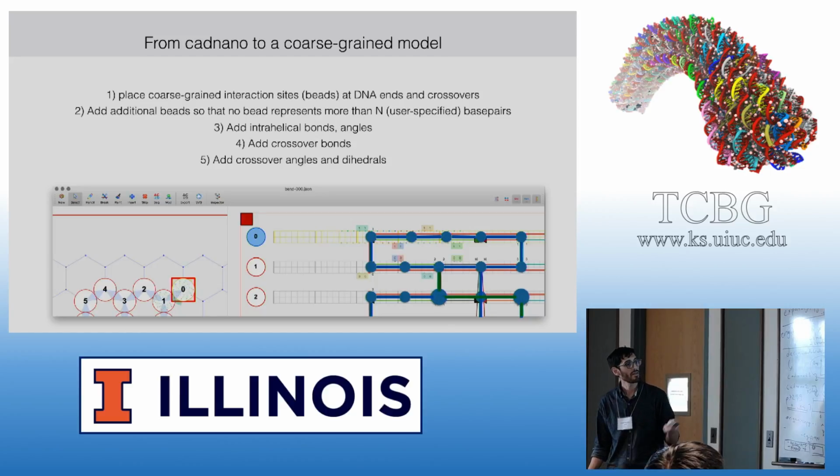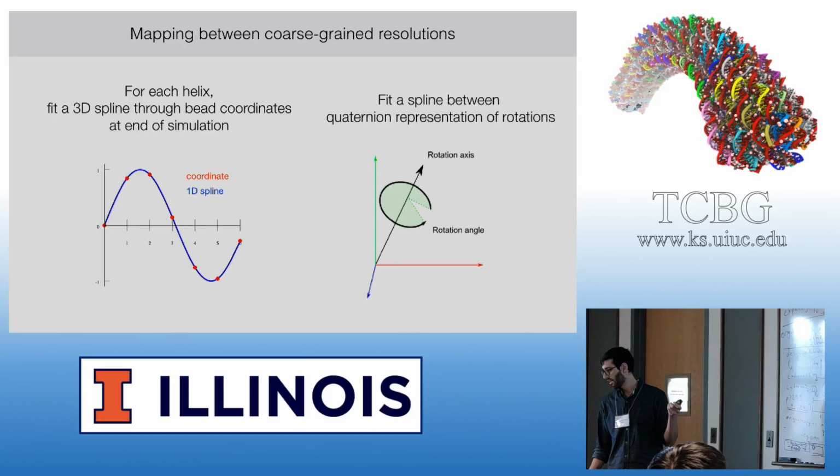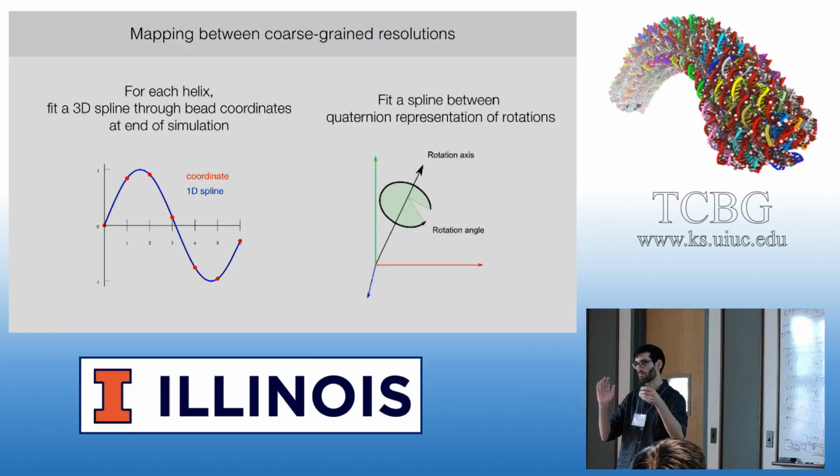Okay. And then once we've run a simulation, the structure relaxes. We have a bead-based model that we run a simulation of, and then we want to return to a parametric description of the DNA nanostructure. So what we do in essence is we fit a spline, a three-dimensional spline as opposed to this 1D example, through the coordinates of each helical stretch of DNA.